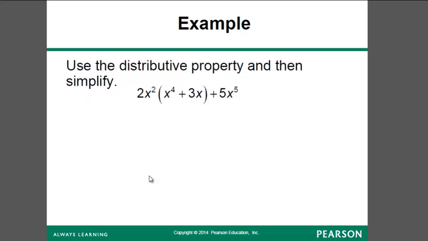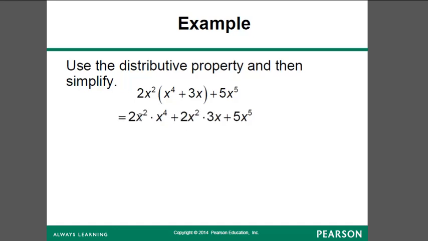What we want to look at now is using the distributive property to simplify. We're going to be multiplying just like we have been. But remember, in the distributive property, what we do is we take the term outside and multiply it by each item inside. So here I'm going to take this 2x squared and multiply it by each item inside my parentheses.